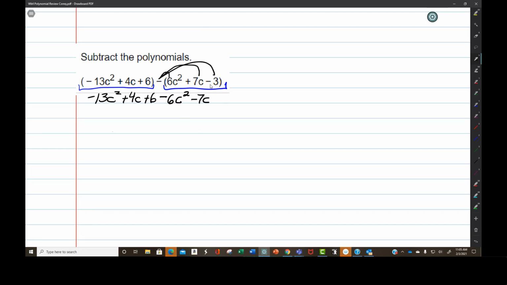Negative times negative 3 is positive 3. But you're dealing with addition and subtraction, so a minus times a minus gives you a plus 3. Without these parentheses and distributing the minus sign, just like you would a negative 1, you would have a bunch of sign errors in there and you would not get the right answer.